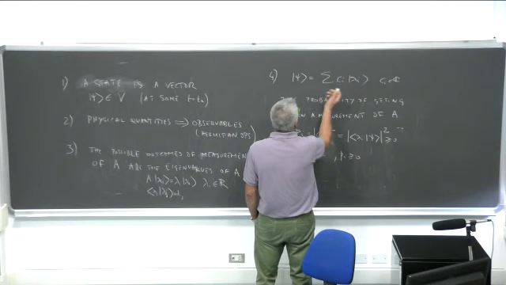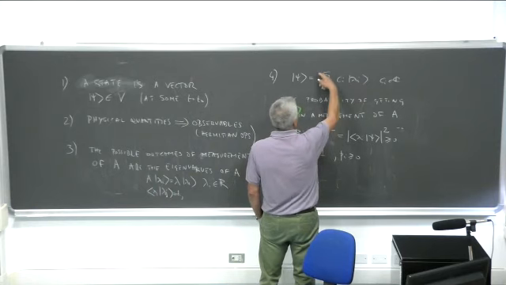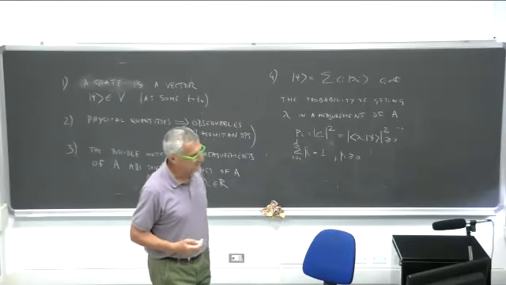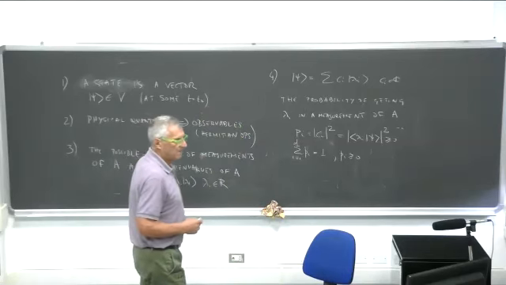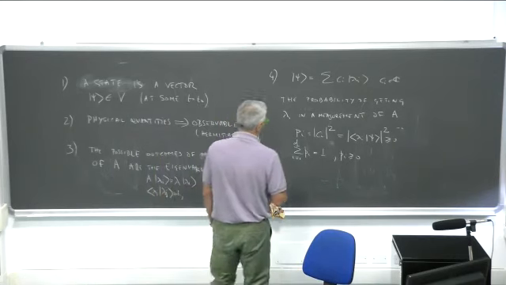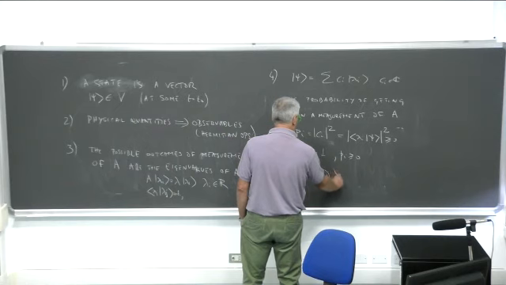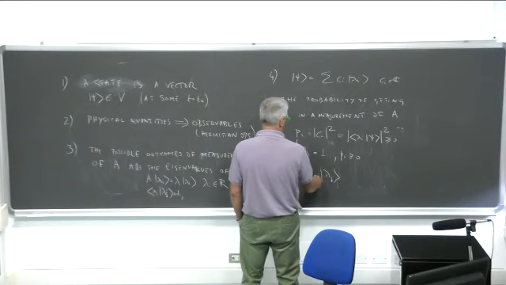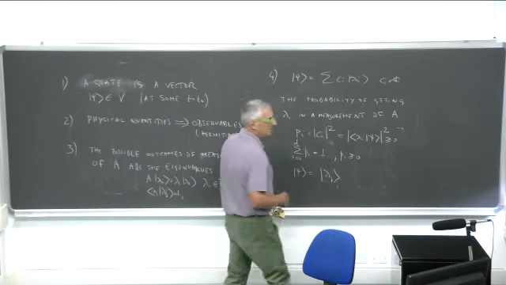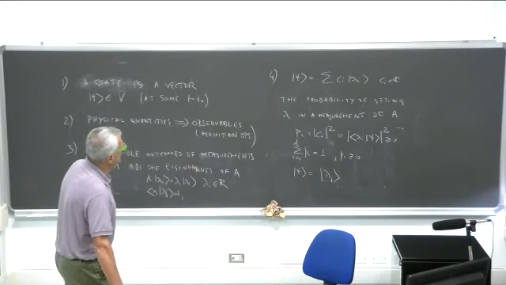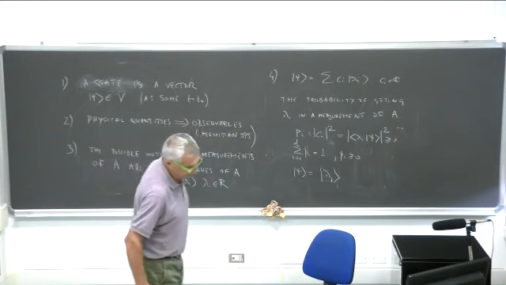If I multiply this by a phase e^{i alpha}, I don't change anything. So if psi is lambda_j up to a phase, then p_j is equal to 1 and all the other p's are equal to 0. So this is the probabilistic interpretation of quantum mechanics.